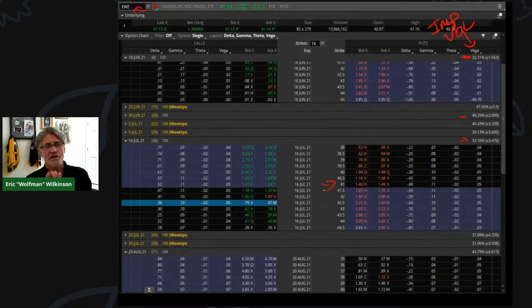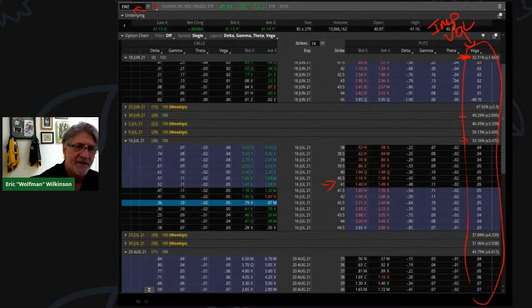Because Vega, which is implied volatility, all of the Greeks talk about a movement of one, right? Delta will tell you how much your price is going to adjust by a $1 move in the underlying. Vega: if volatility in this underlying increases by 1 percentage point, then my premiums are going to increase by the amount correlated to that strike, okay?